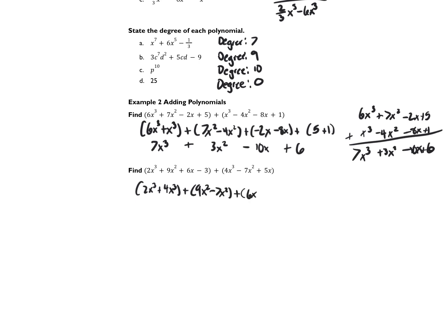Then we've got 6x plus 5x. Then we've got minus 3. That's not going to be added to anything, so we can just leave it as minus 3. So 2x cubed plus 4x cubed is 6x cubed. Then we've got 2x squared, and we've got 11x minus 3, and that's our final answer.